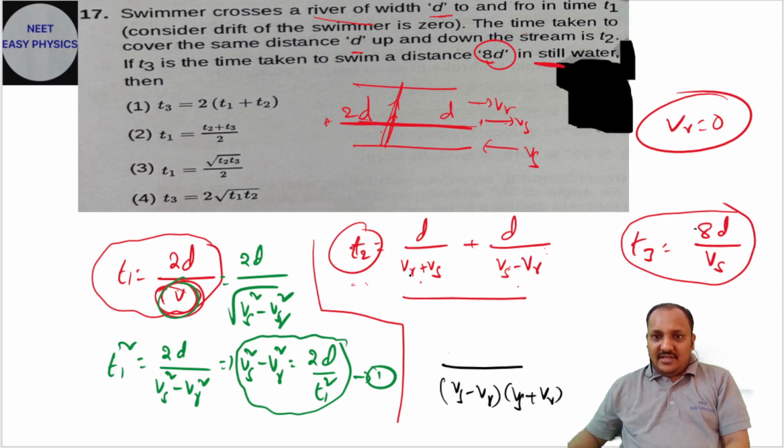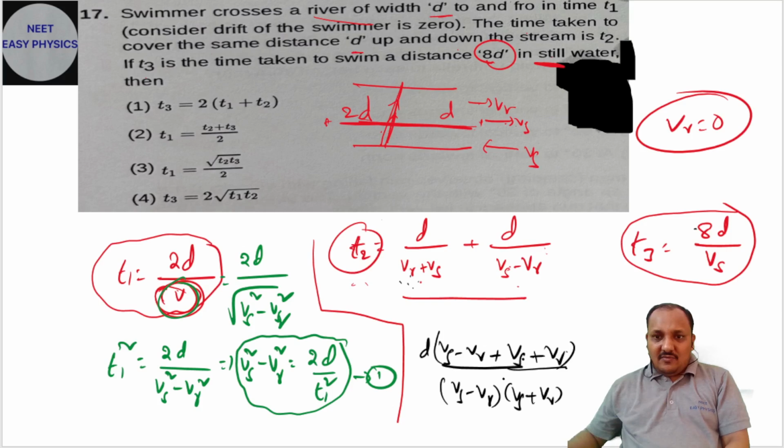Once we take the LCM, here you will get Vs minus Vr plus Vs plus Vr. Correct? So after taking d as common, what cancels here?